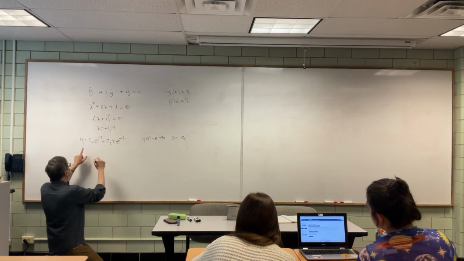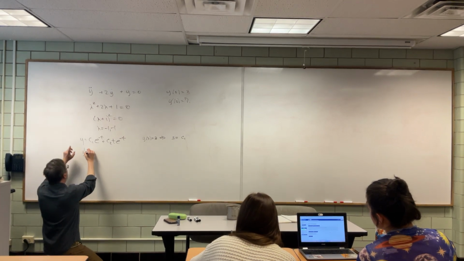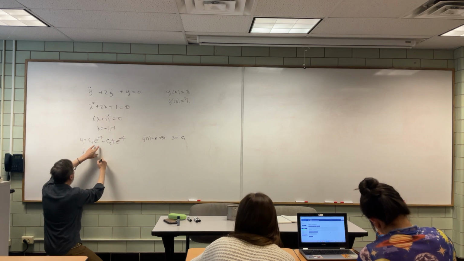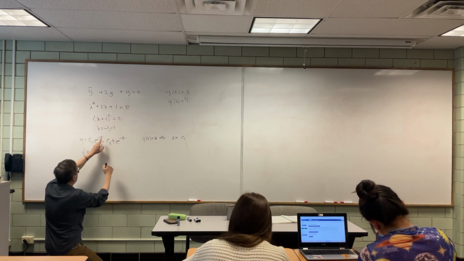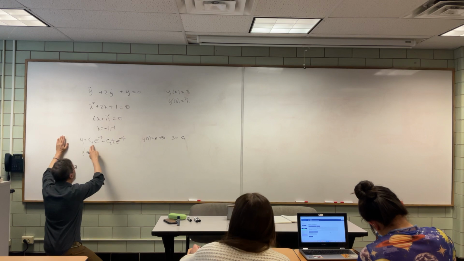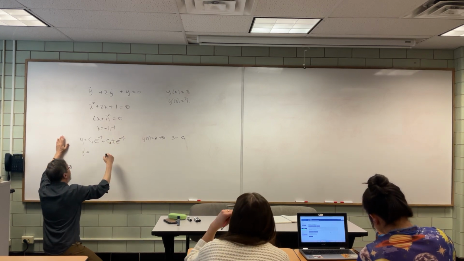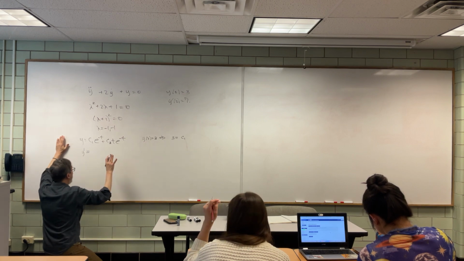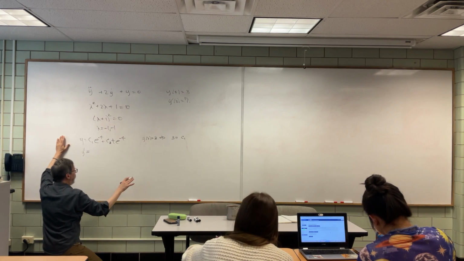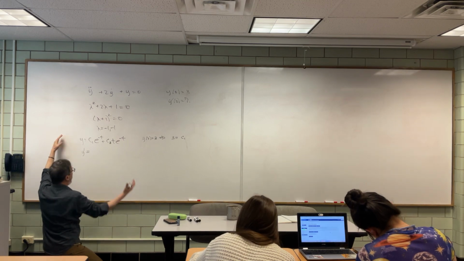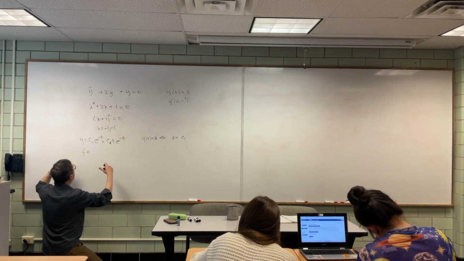Okay, for y prime, I'm not going to work this all the way through, but we'll check our stuff here. Take the derivative with respect to t, and remember, do not absorb constants. The only time to absorb is when you're doing separation of variables; everything else, it'll just mess stuff up.